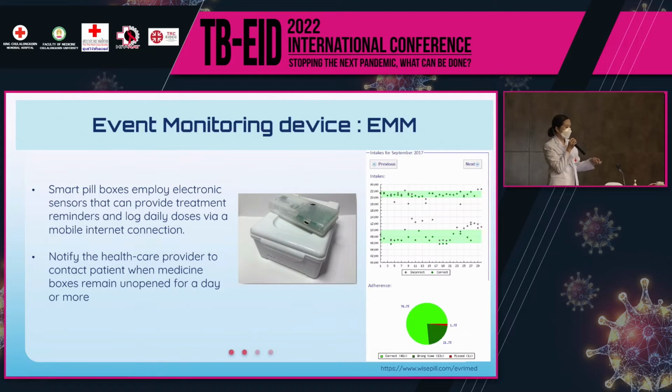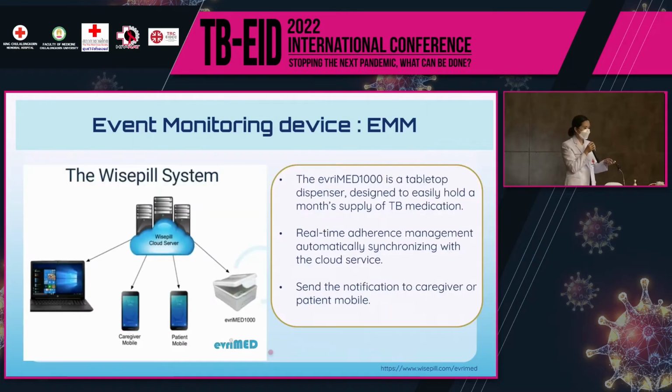And the lower bottom is a summary of the adherence. It can summarize how many percent of doses the patient took correctly on time, or how many doses were missing. And this is one of the EMM systems that has been currently used in clinical trials.